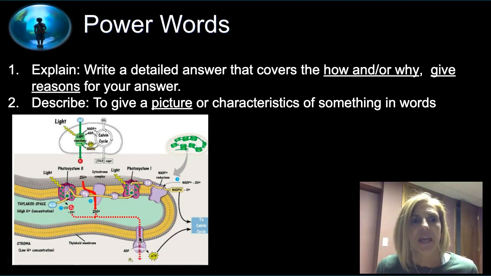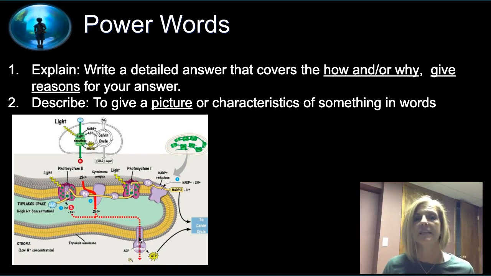Pick any of those. Try to explain it. By explaining it, you're making it understandable, the whole process. You're explaining how and why. You're going to include words like concentration gradient and diffusion or active transport. You're going to go step by step through a process and make it understandable to somebody else.